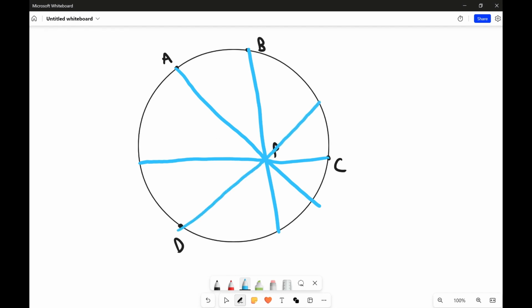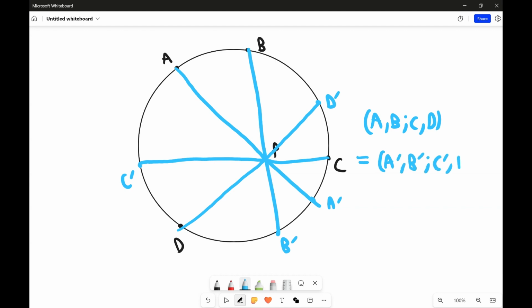Let's say they hit the circle again at A prime, B prime, C prime, and D prime. Then we have that the cross ratio ABCD with respect to the circle is equal to A prime, B prime, C prime, and D prime.